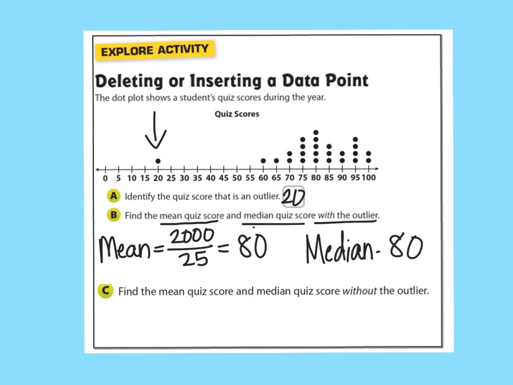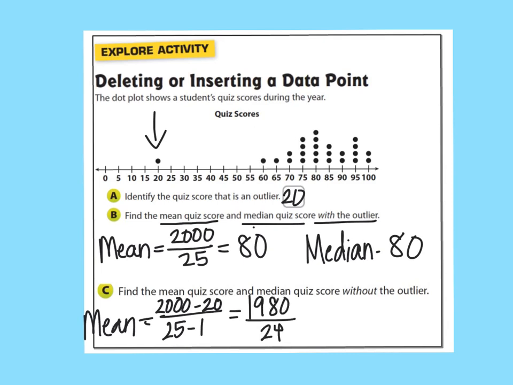Okay, so now if I want to find the mean without the outlier, I would take my total and subtract that 20. And then I'm going to take my 25 scores and subtract 1. So this time I have 1,980 being divided by 24 scores.